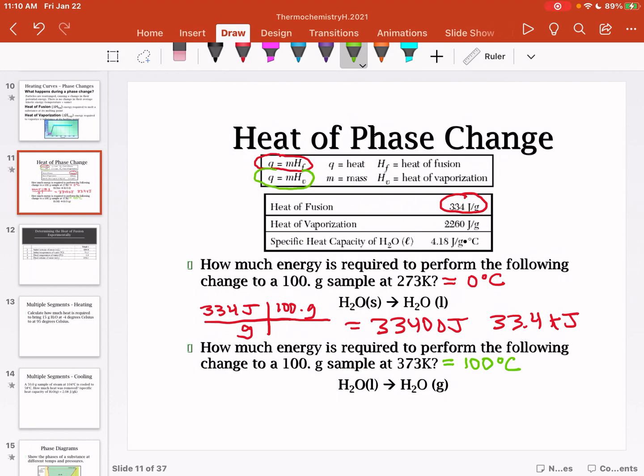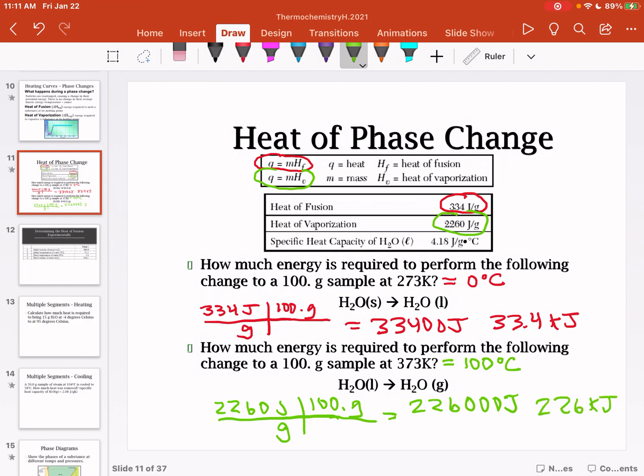And I'm going to start with that constant for heat of vaporization, which is 2260 joules per gram. I'm going to solve for joules, multiply that by our 100 gram sample, and I get 226,000 joules roughly. And so again, that's a big number, so let's make that into kilojoules. That's 226 kilojoules if I slide it to the left.